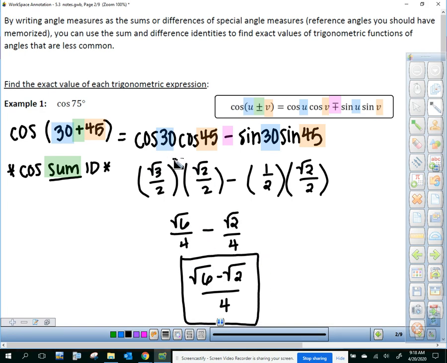You can multiply radicals by multiplying what's underneath. You can't do addition or subtraction because order of operations, it doesn't work out the same. So you would actually have to find the radicals of those first and then do your subtraction. So you leave it here because we can't simplify those. Okay, so that's our solution.